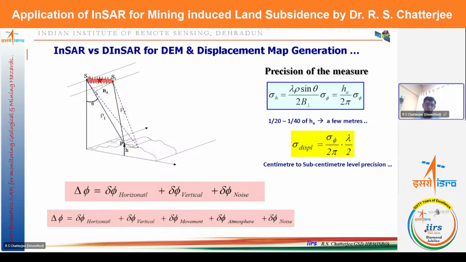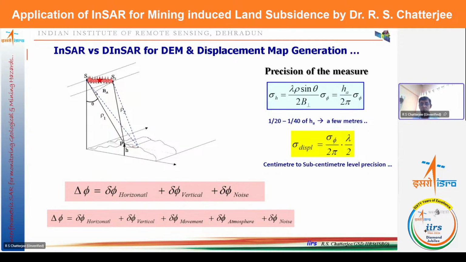Then the interferometric phase, or the phase difference of these two images, one before the event and another after the event, consists of the horizontal phase, the vertical phase, the deformation or movement phase of the pixel, and the atmospheric phase. Why? Because these two images are always acquired at two different times, and the atmospheric profile is not the same for these two images.